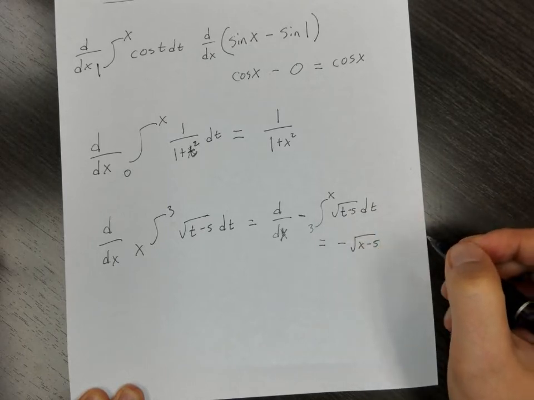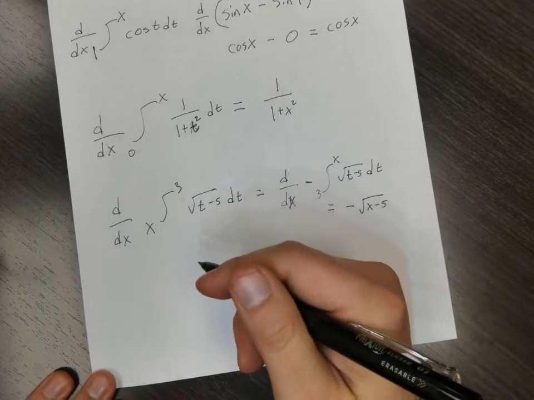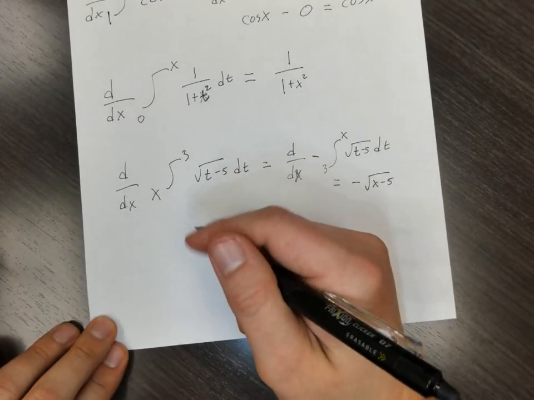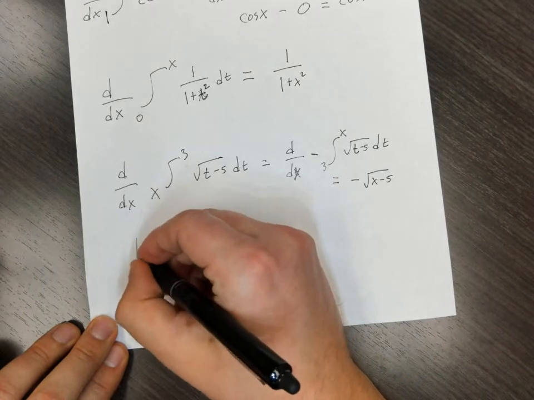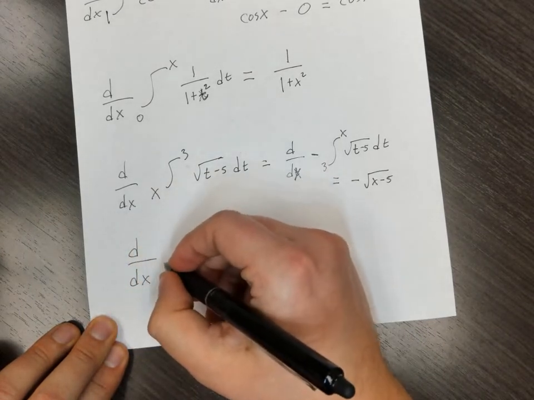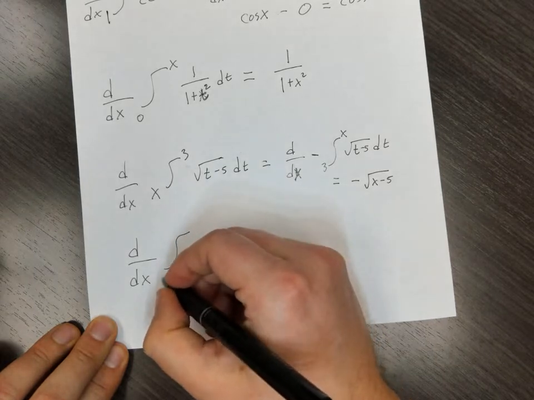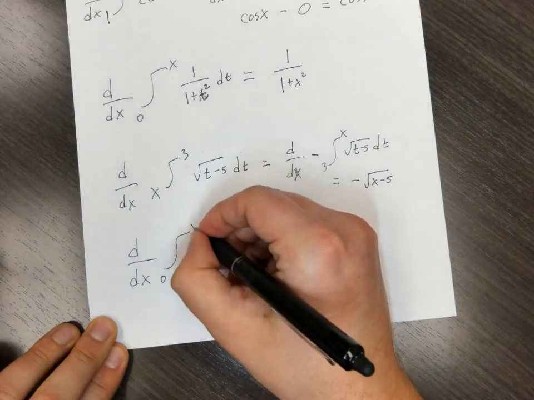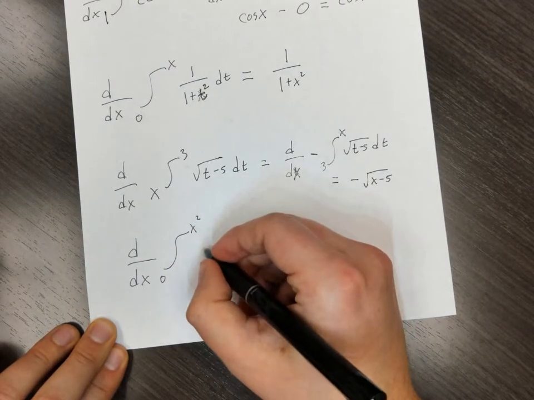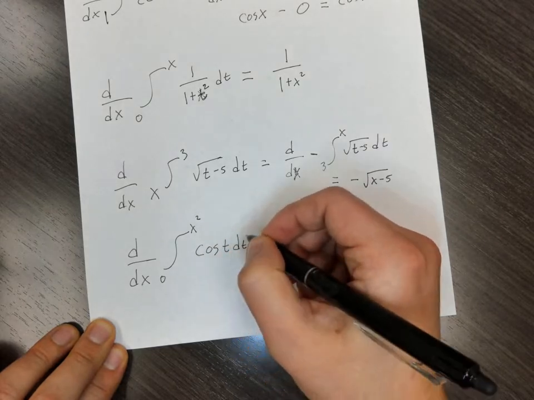And that's it, done. One final example is what if it's not x? What if it's something different like x squared? So if I were to do d dx, I'll show you the long way and then the shortcut. We'll go from 0 to x squared of, we'll go back to that cosine t dt.